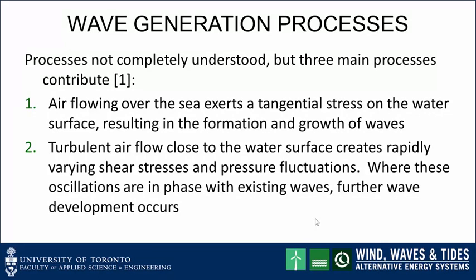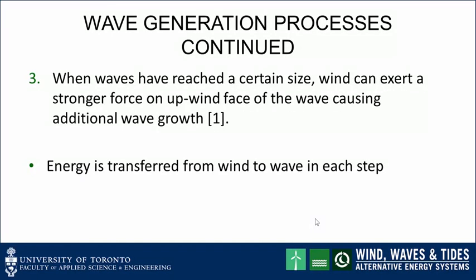We have turbulent airflow close to the surface, which, as the wind speed picks up, creates rapidly varying shear stresses and pressure fluctuations. And when those pressure fluctuations are not in phase with existing waves, then the waves grow further. So it enhances wave growth. And then finally, when the waves have reached a certain size, the wind can exert a stronger force on the upwind face of the wave, causing additional wave growth.